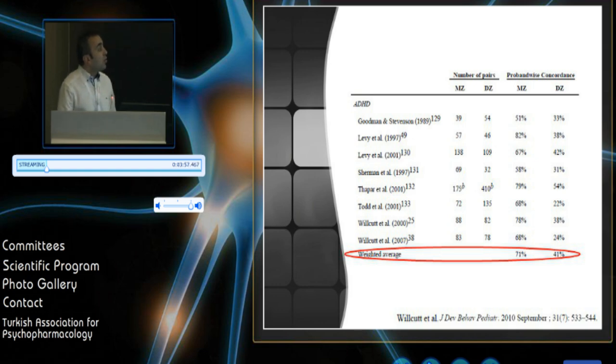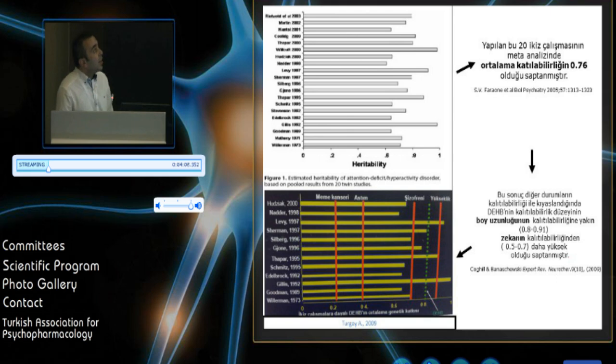In a 2010 meta-analysis, we see that the average for monozygotes has a transfer rate of 71% and 41%. And this is one of the trials which has been replicated a lot. It is Faraone 2005. This average is 0.76. This is the meta-analysis of 20 different trials.